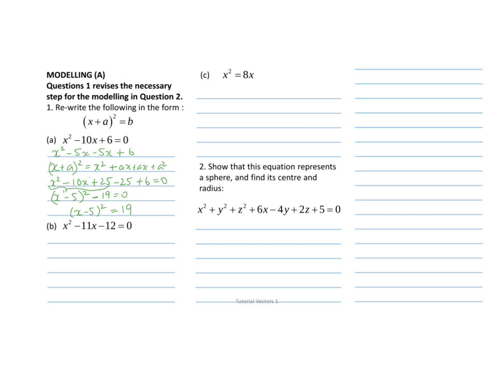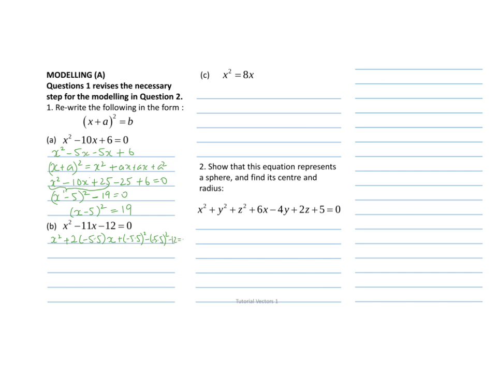Do exactly the same thing in our next question, but we have minus 11. So minus 11 divided by 2 is minus 5.5. So we have x squared minus 11x, but we need to add our minus 5.5 squared and minus it, because we have to keep everything the same.